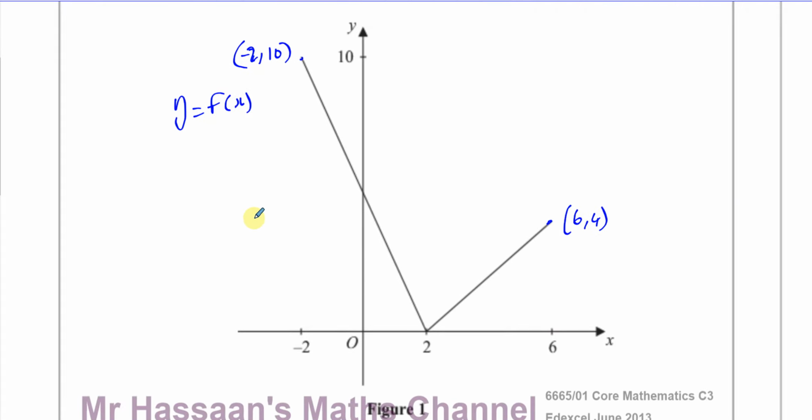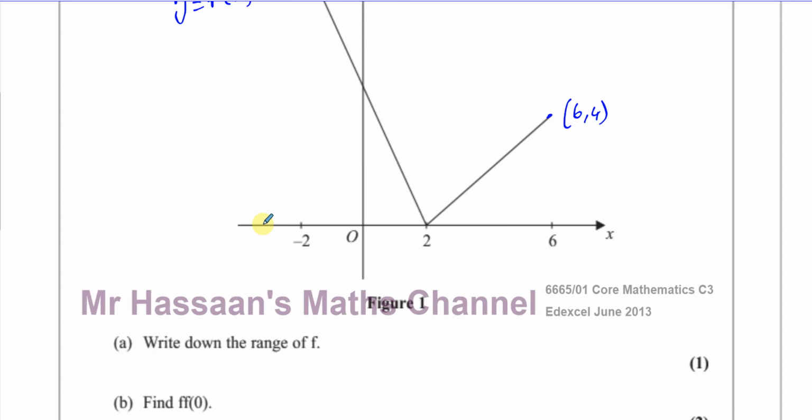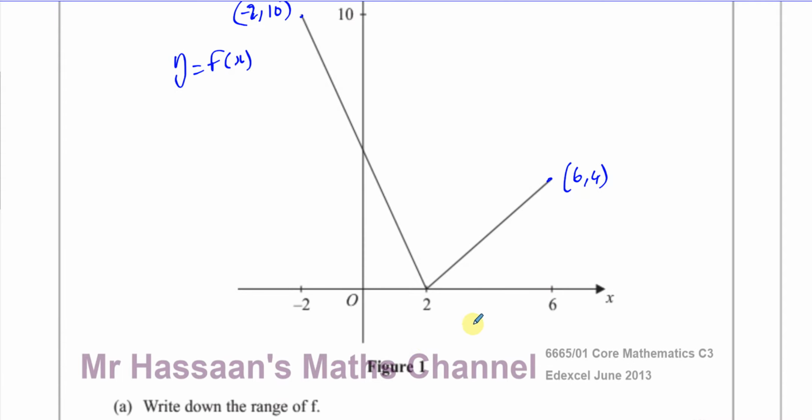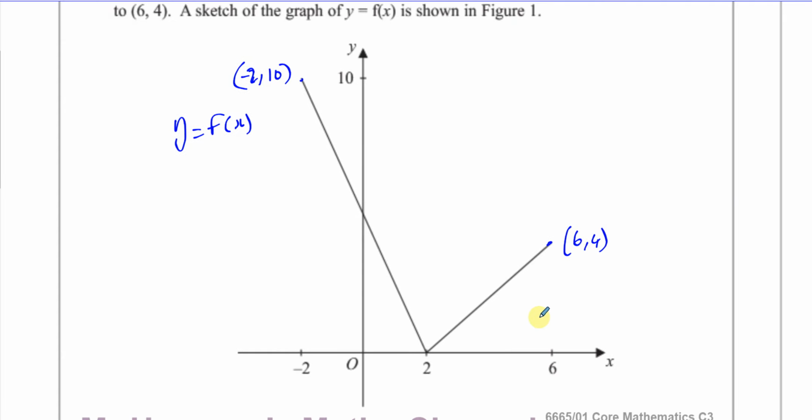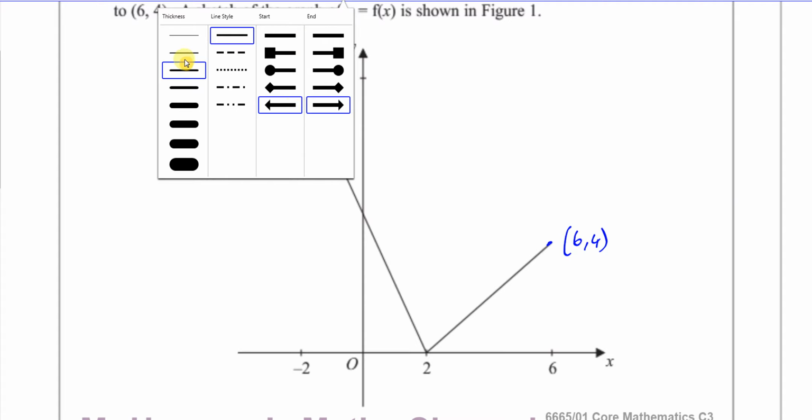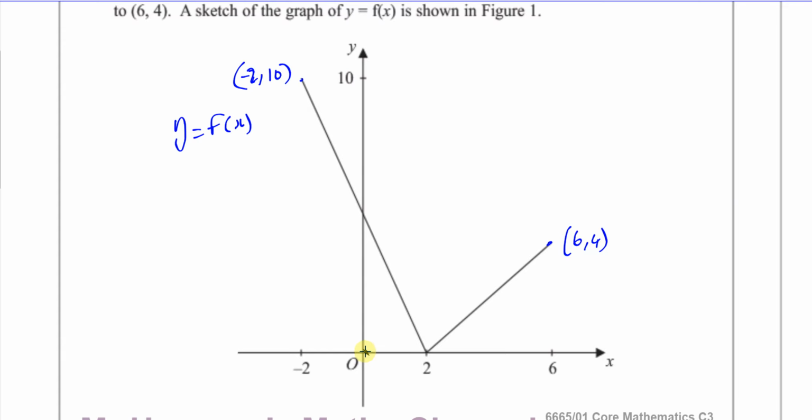Now, the question tells us to write down the range of the function f. The range of a function is all the output values, all the y values that it has. This has got a restricted domain, from -2 to 6. So the output values will go, as you can see here very clearly, I'll just put these arrows in there, from the y value of 0 all the way up to 10.